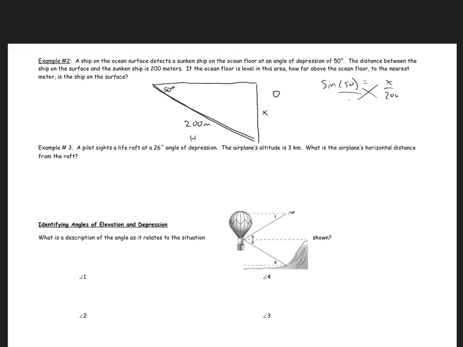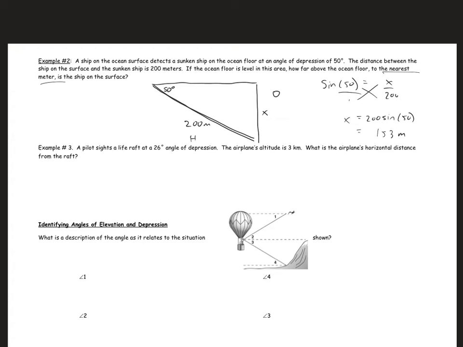We cross multiply and get that x is 200 times the sine of 50. And 200 sine of 50 is 153 meters, because it said to the nearest meter.